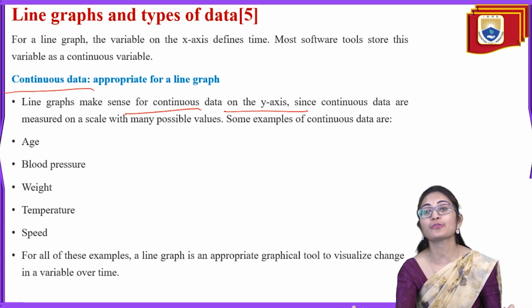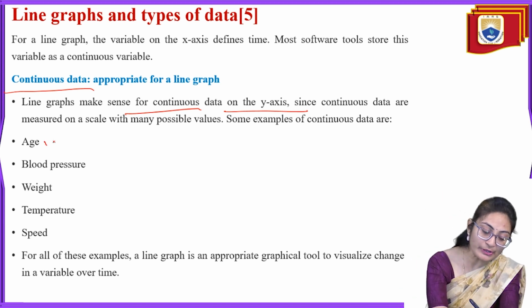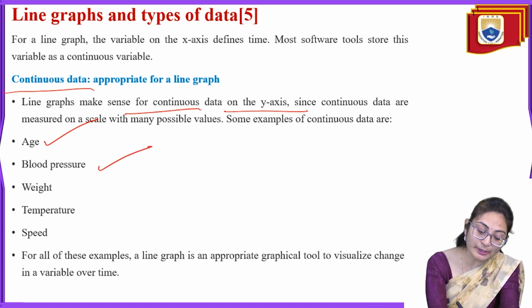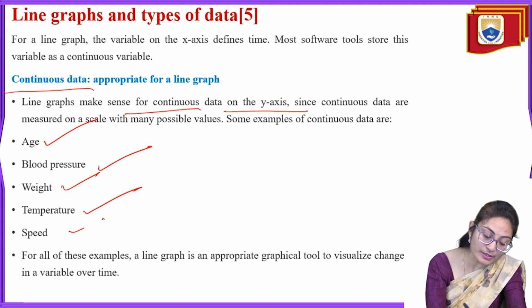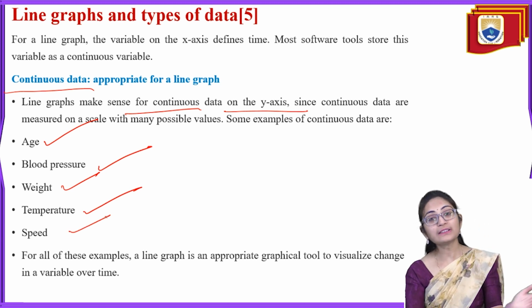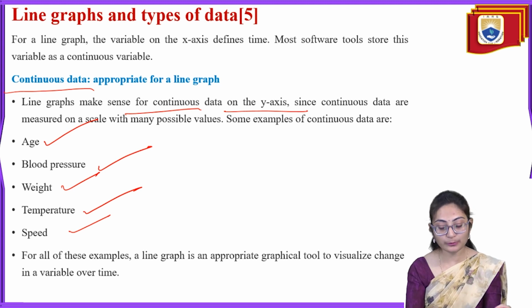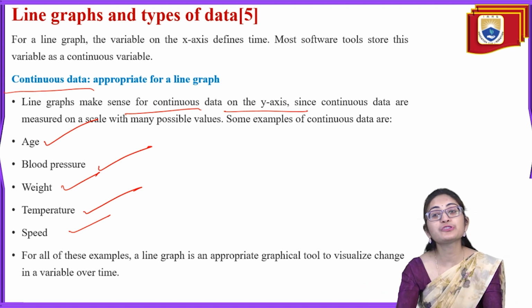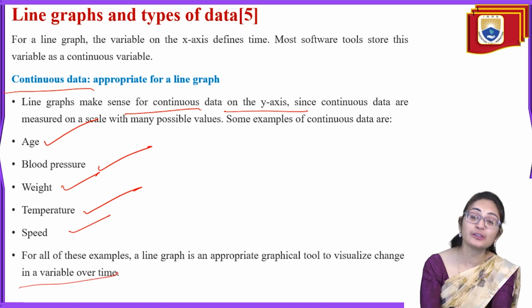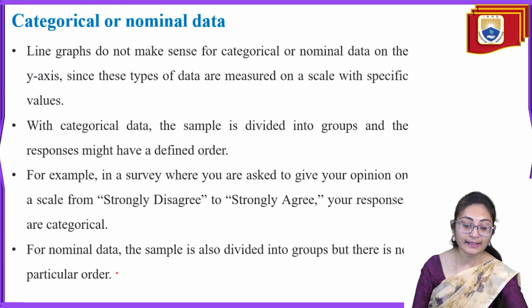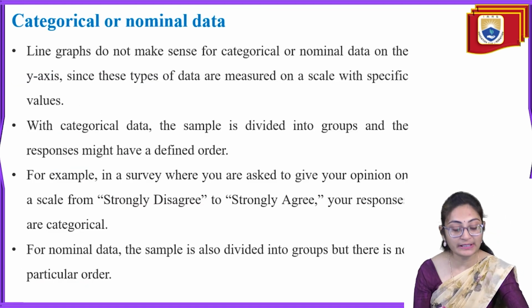Some examples of continuous data are age, blood pressure, weight, temperature, and speed. For all these examples, a line graph is a very appropriate graphical tool to visualize the changes in the variable over time.